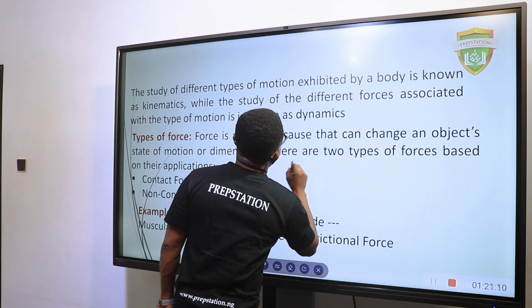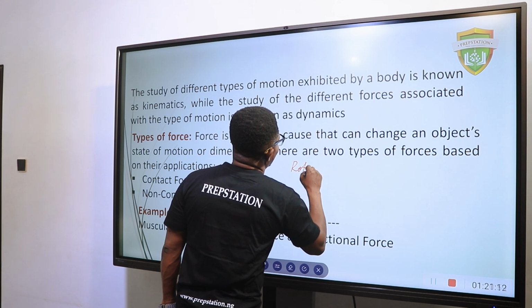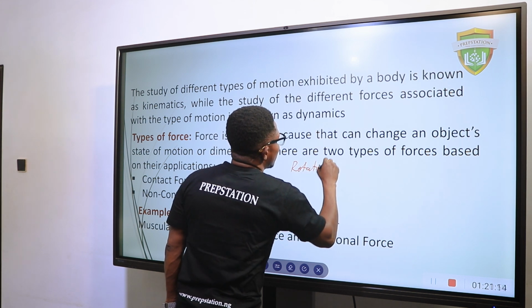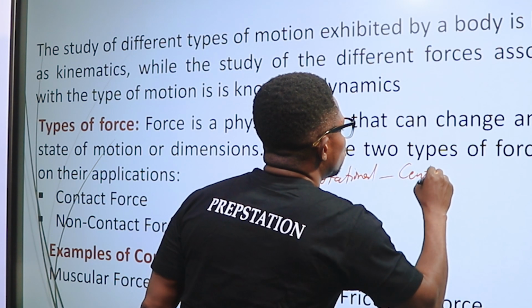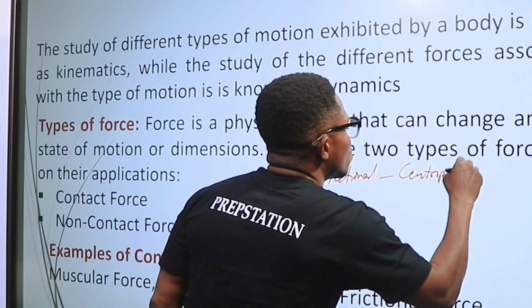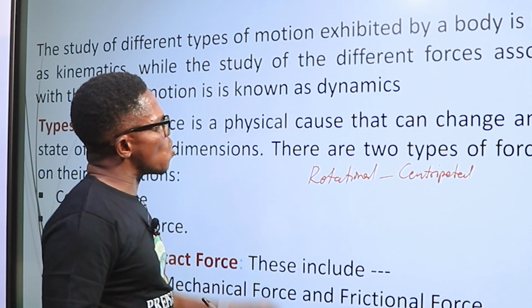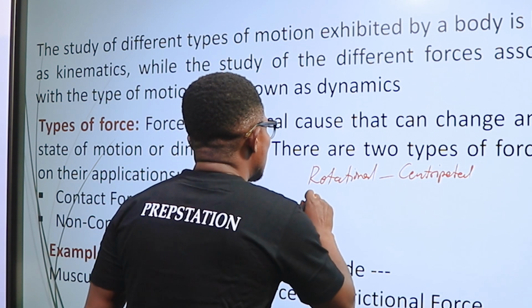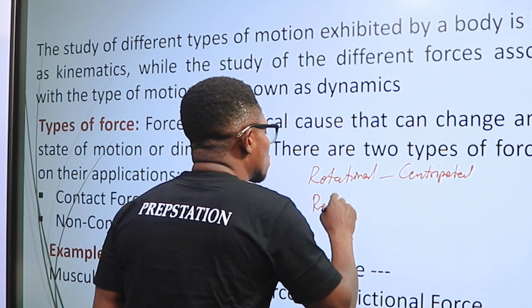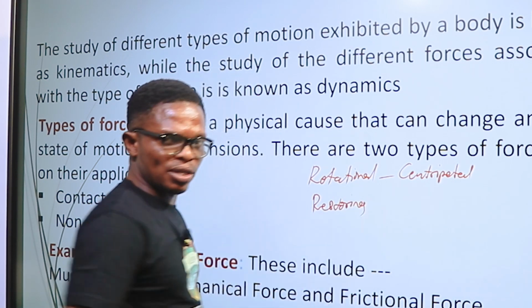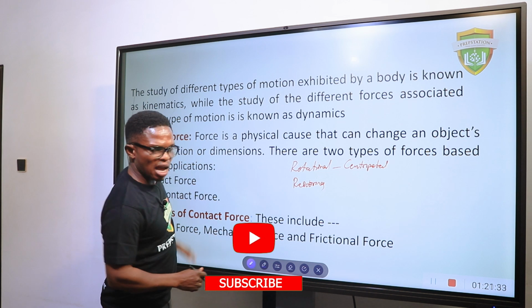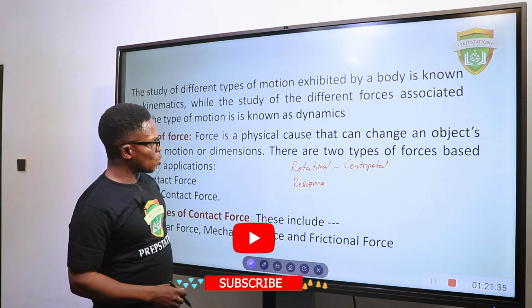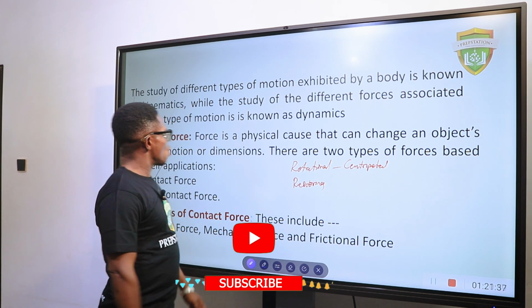The force responsible for rotational motion is called centripetal force. But the force responsible for oscillatory motion is called restoring force. So you can see they are not the same thing. So the study of the forces associated with different types of motion is what is called dynamics.